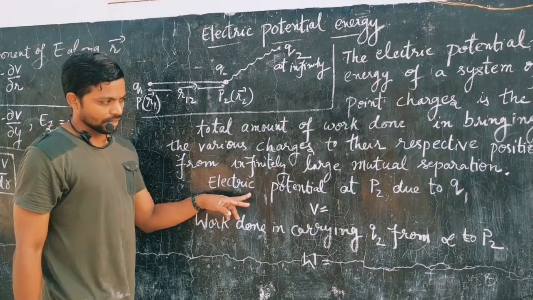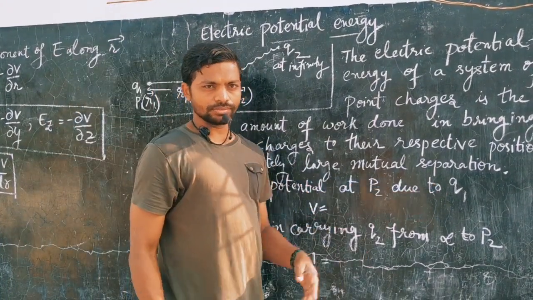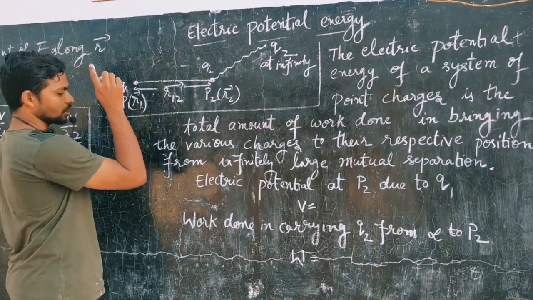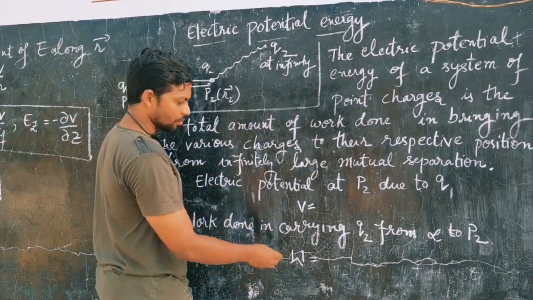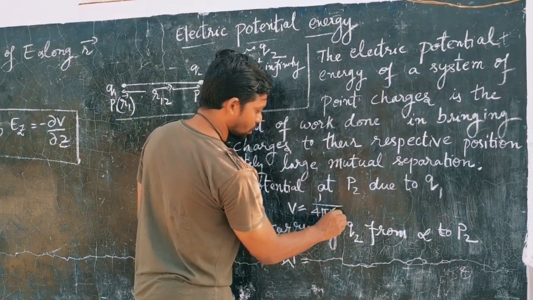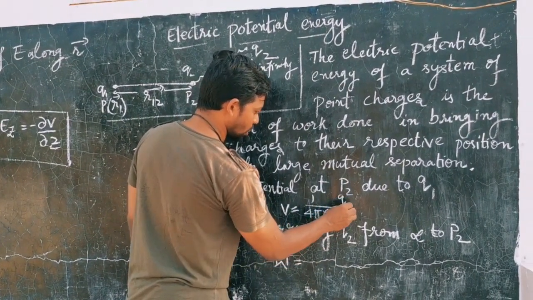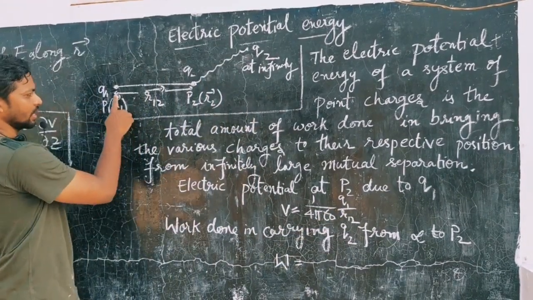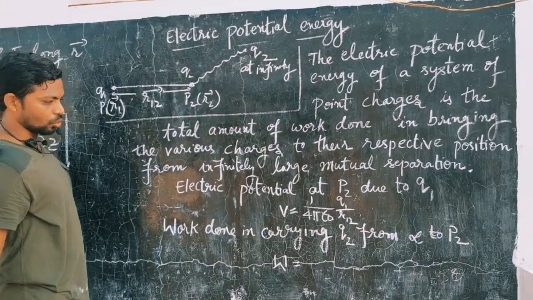First we'll see the electric potential at P2 due to Q1. At this point, what is the electric potential due to charge Q1? According to the definition, it is 1 by 4 pi epsilon naught Q1 by the distance R12. You can see here the distance between these 2 points is R12.